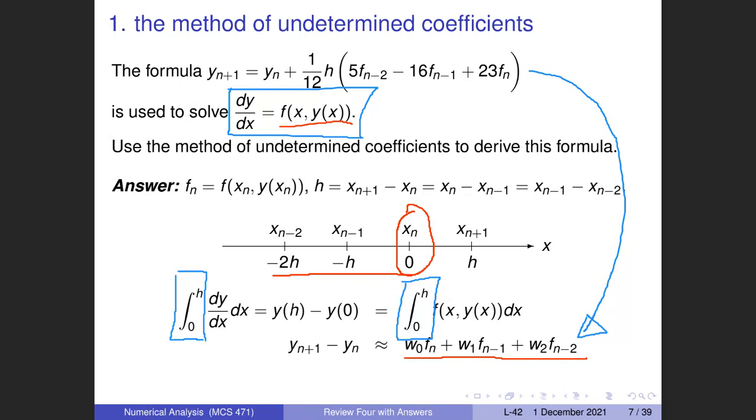A quadrature rule with 3 points. And we want to determine the weights W0, W1, W2. We already know what they are. So W0 is 5 times h divided by 12. We want to determine those weights so that every quadratic function, so if f would be a quadratic function, then this rule would be exact. That's the degree of precision.